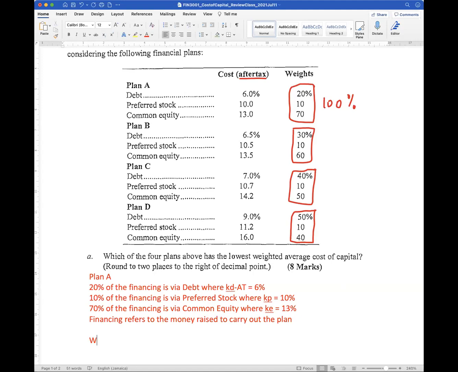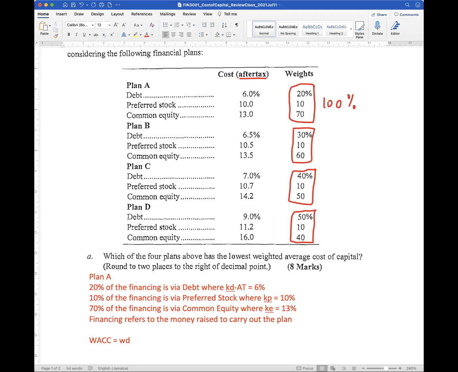The formula says WACC, the weighted average cost of capital, is equal to, all we're doing is multiplying the weights by the rate. Let me start with debt.